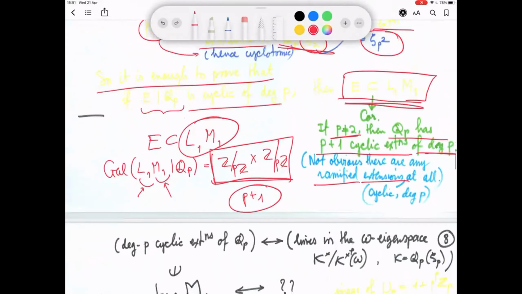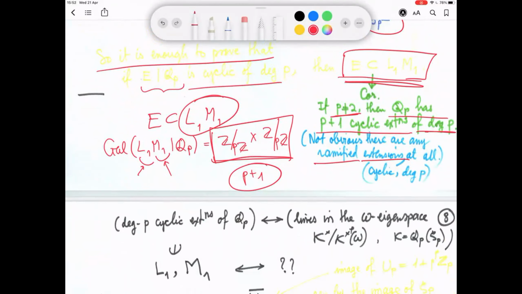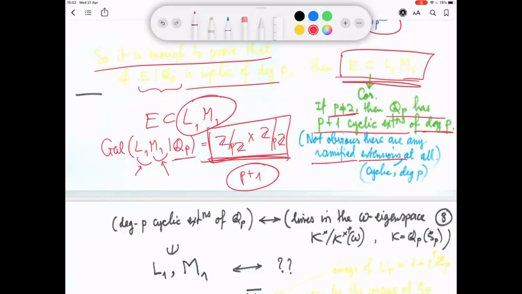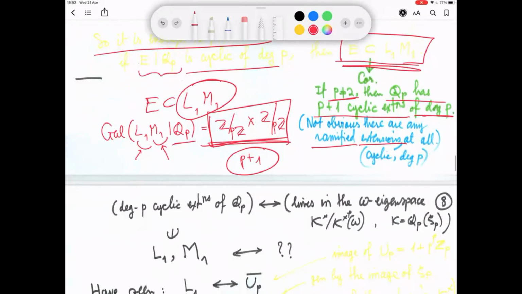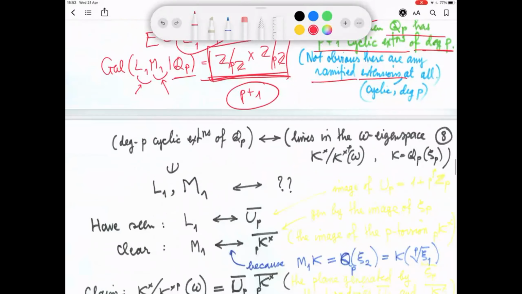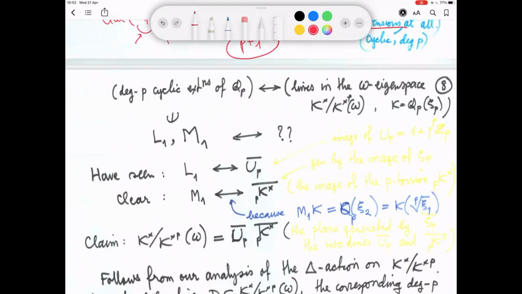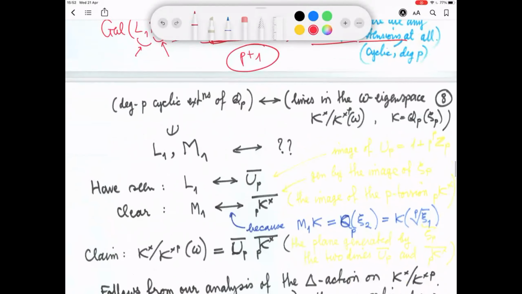I had said that the Galois group of L1 M1 over Qp is Z mod p cross Z mod p, and therefore there are p plus 1 quotients of order p, and therefore there are p plus 1 cyclic extensions of degree p over Qp. That will be a corollary once we prove this inclusion. So how do we prove the inclusion, that every cyclic extension of degree p over Qp is contained in L1 M1? That's what we want to prove.